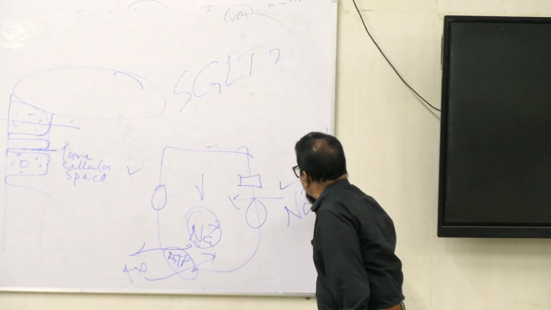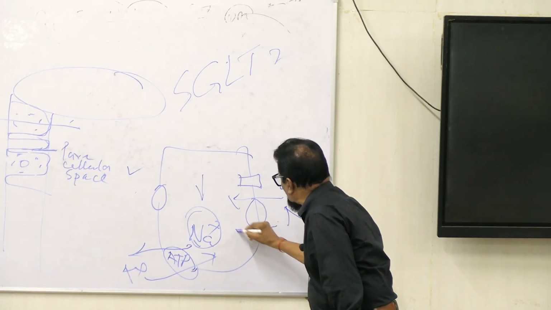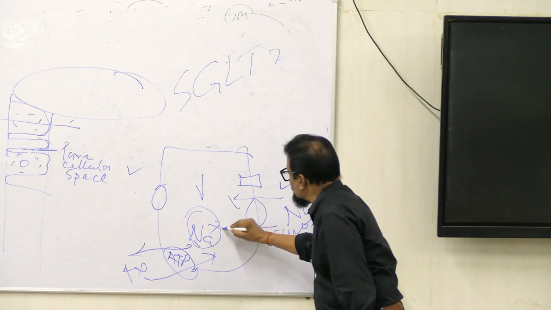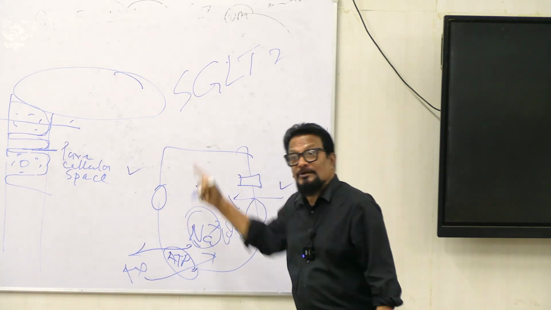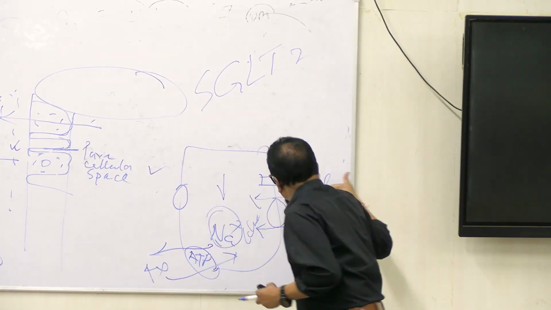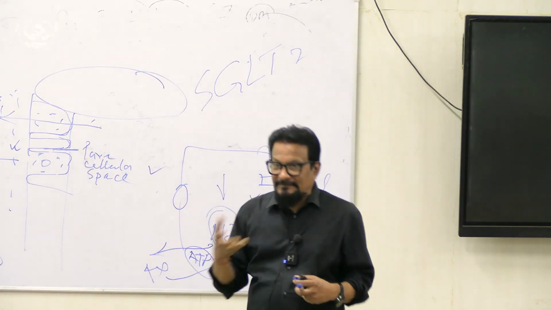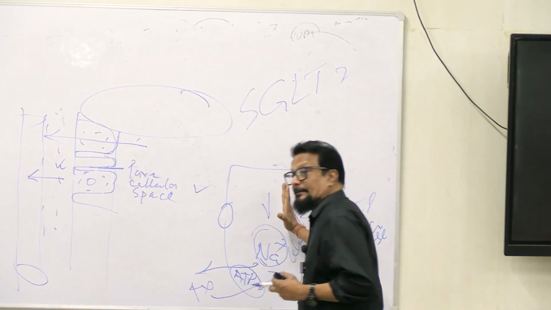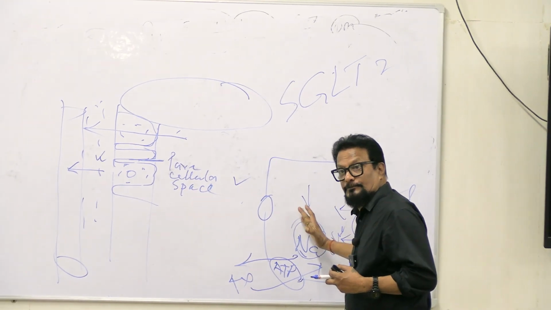And in addition, glucose will be transported at the same time. Co-transporter means it is because of sodium entry. This gradient is created. Why does sodium enter? Because of the negativity inside and the low concentration of sodium.